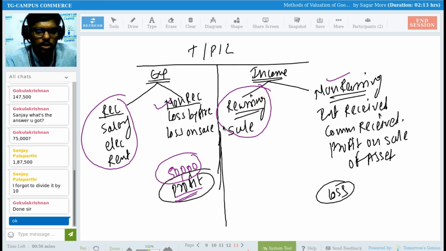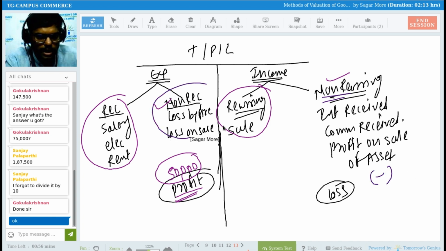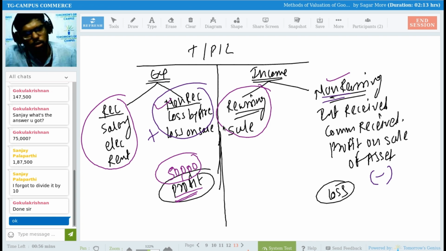So the non-recurring income that you added, I am going to subtract, simple. And the non-recurring expenses that you subtracted, I am going to add back. Simple concept.